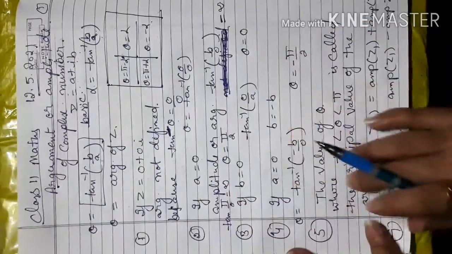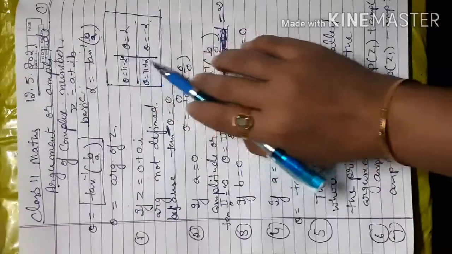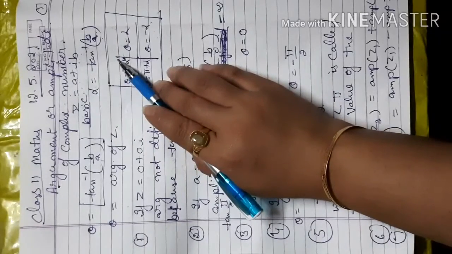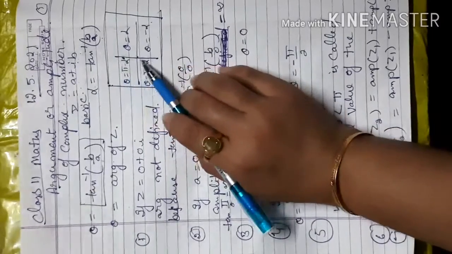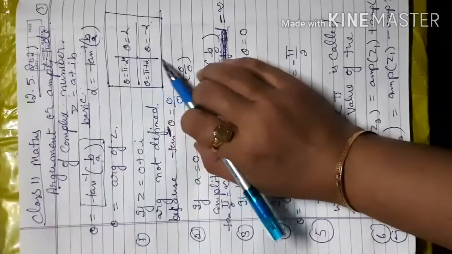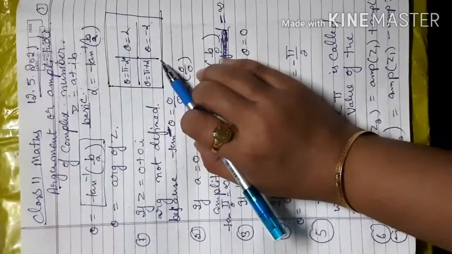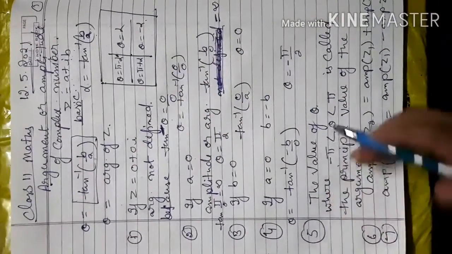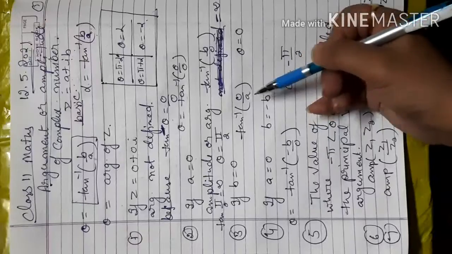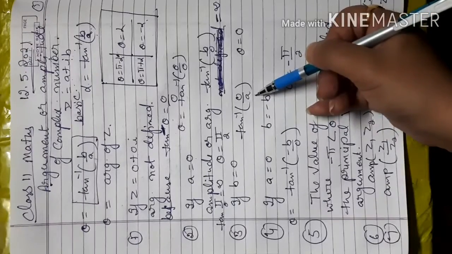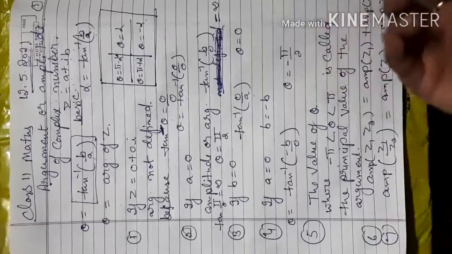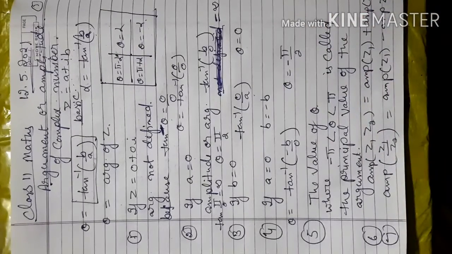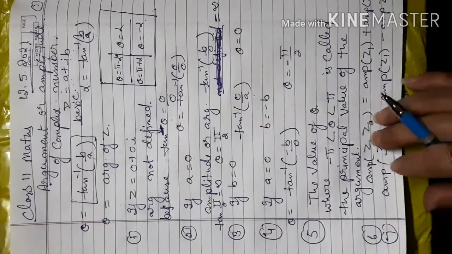In that case your theta will be pi by 2 if it lies on the positive side upward, and if it lies on the downward side where y is negative, your imaginary part is negative, so that will be minus pi by 2. But if your imaginary part is 0 and only the real part is there, in that case your theta will be 0, because 0 upon anything is considered as 0, but it should not be 0 at the downward in that case.